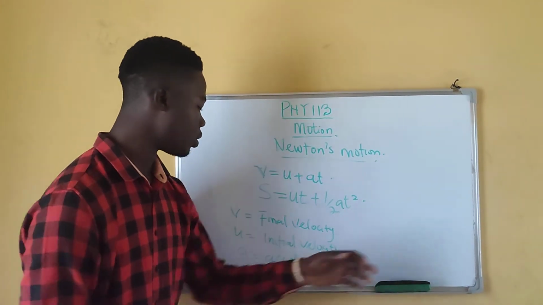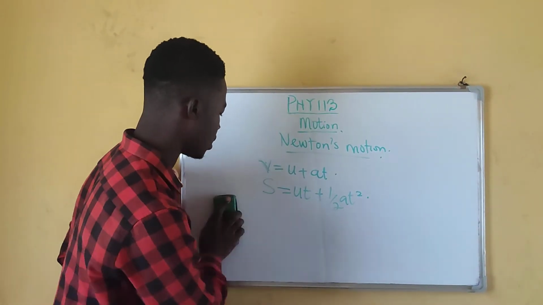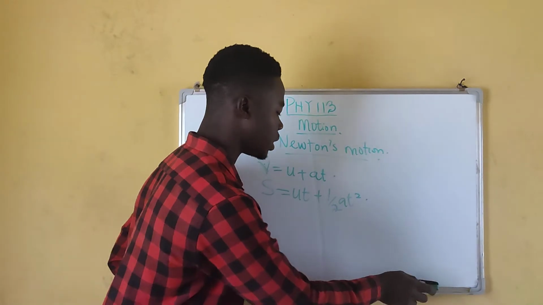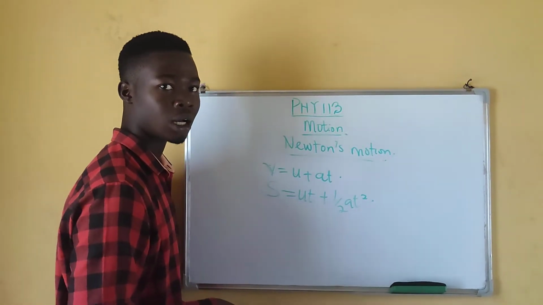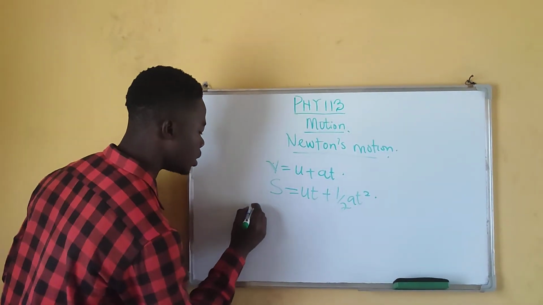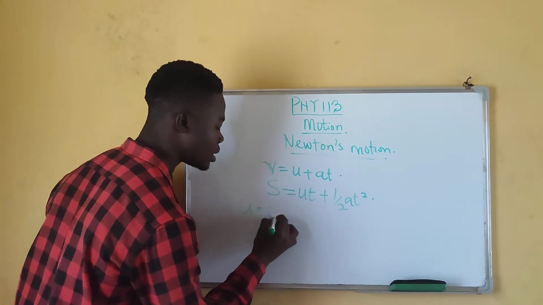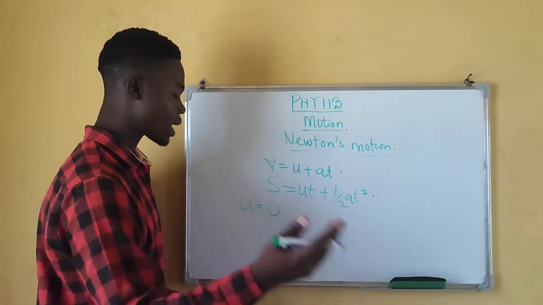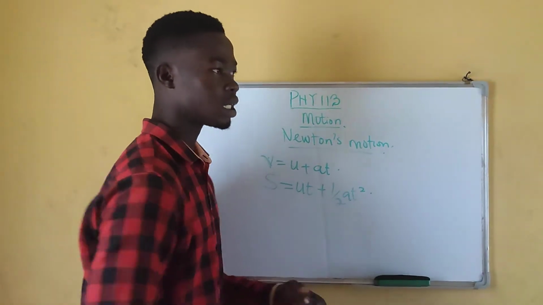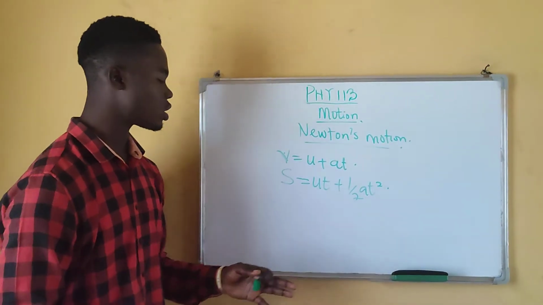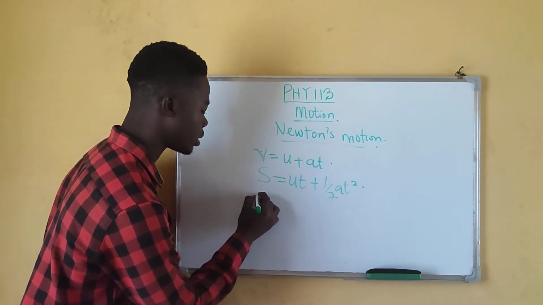Now, for example, a car is in a stationary form. Now, the car ignites the engine and starts moving. There is an initial velocity for the car. I said it's in a stationary form. That means the initial velocity at that moment is 0. In other cases where the car is already moving, the initial velocity is the first velocity of the body.